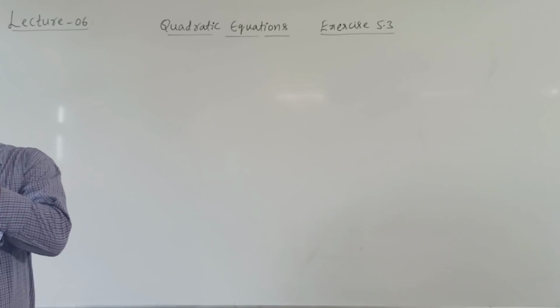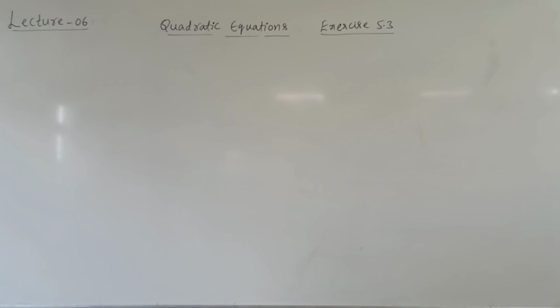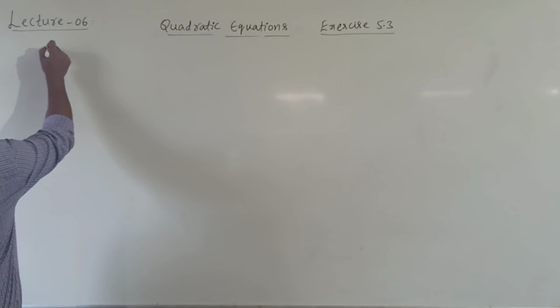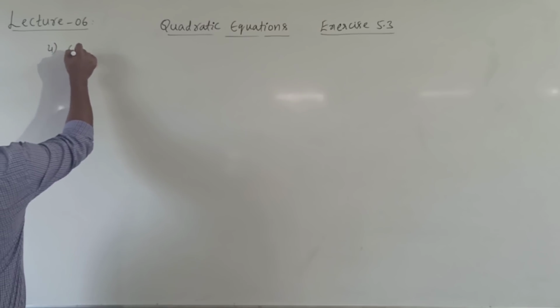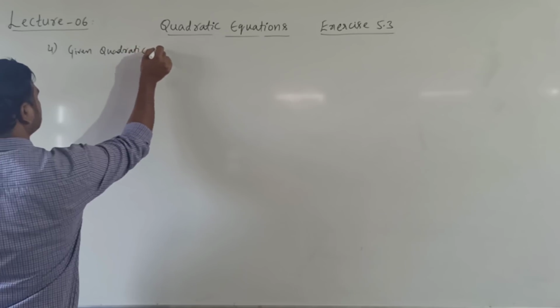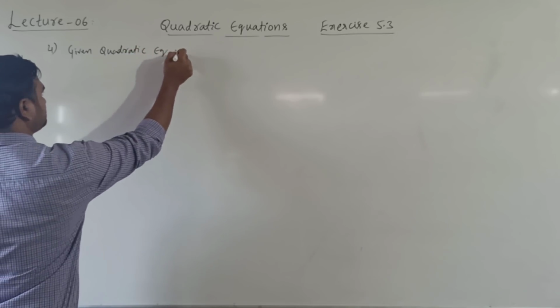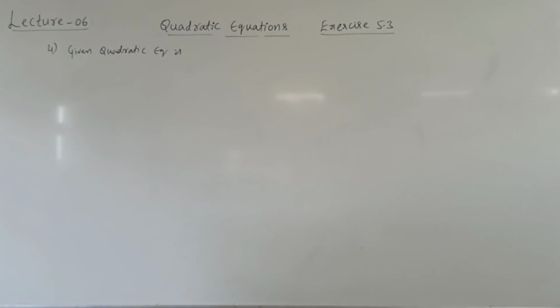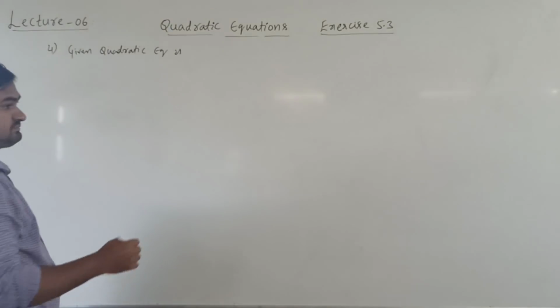Next, see question number 4. Given quadratic equation, minus x square plus x minus 2 equal to 0.